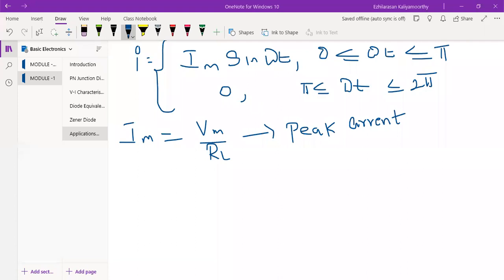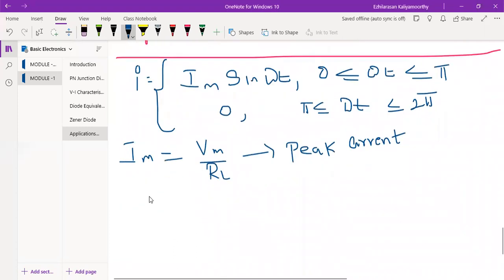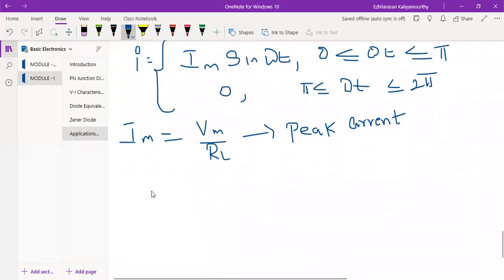Let us calculate the average or DC current, that is IDC.